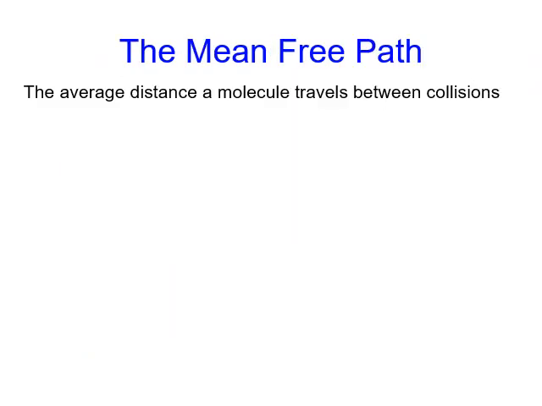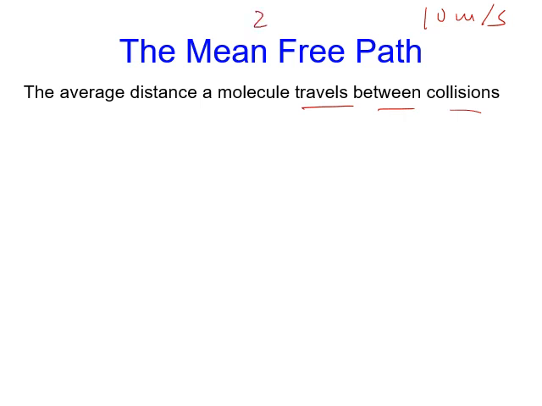Another important concept is called mean free path. Mean free path is the average distance a molecule travels between collisions. Let's assume a molecule moves at a speed of 10 meters per second. So every second it moves 10 meters, but every second it makes 2 collisions.